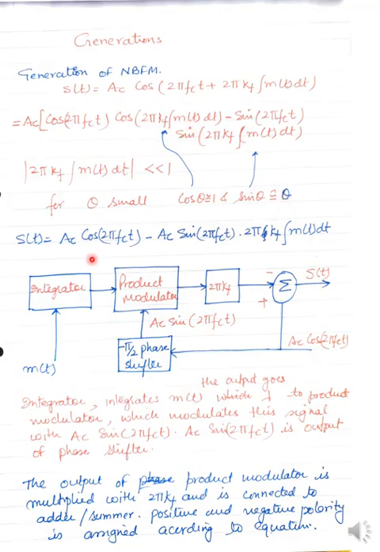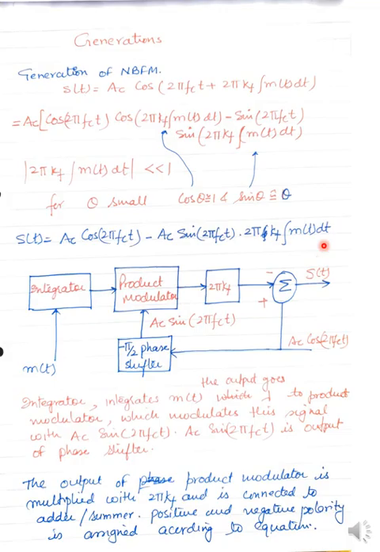Putting these values in this equation, we have Ac cos 2π fc t, because the cosine term equals 1, and minus Ac sin 2π fc t times 2π kf ∫ m(t) dt.